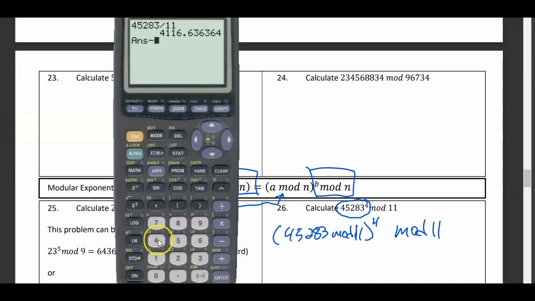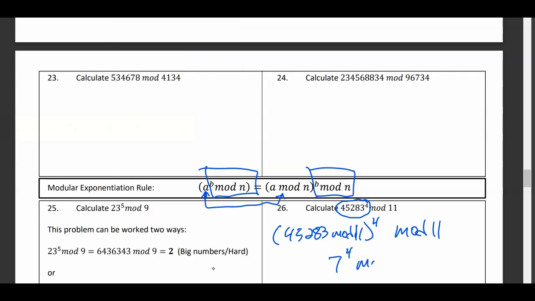Divide by 11, subtract whole number part, multiply by 11, is 7. So we can convert this number to 7 to the fourth, mod 11. And now it's something we can do on our calculator.